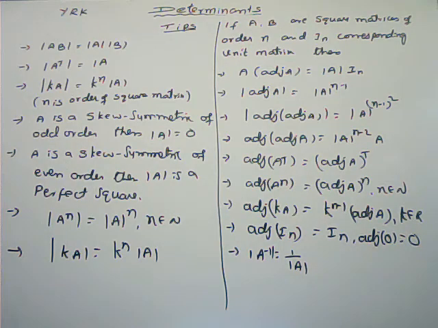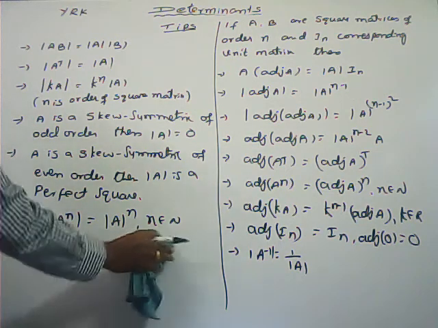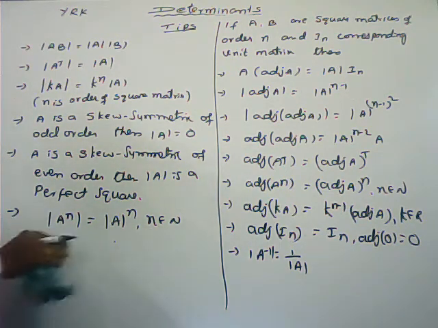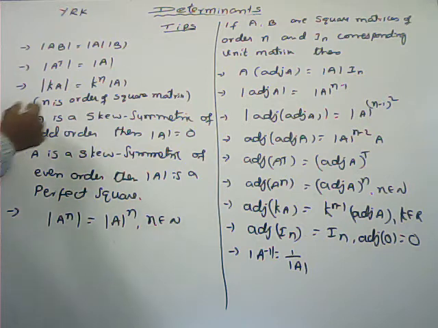In determinants, these are very important points. Here det of A into B is equal to det A into det B. Det of A transpose is equal to det A, and det of K into A is equal to K power n into det A. Here n is the order of the square matrix.